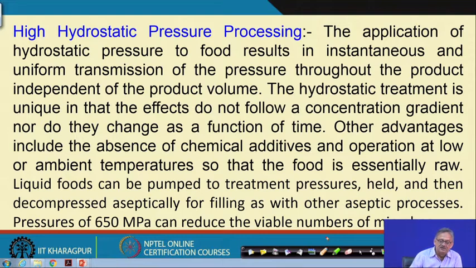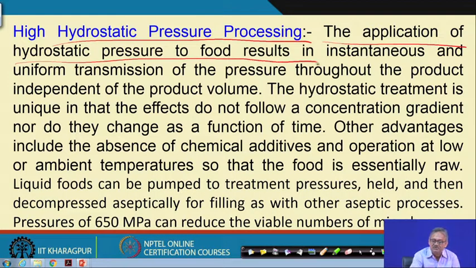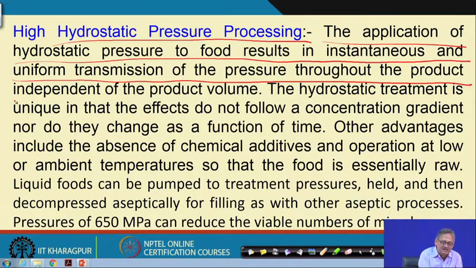High hydrostatic pressure processing is the application of hydrostatic pressure to food, which results in instantaneous and uniform transmission of the pressure throughout the product, independent of the product volume, irrespective of the size, right.